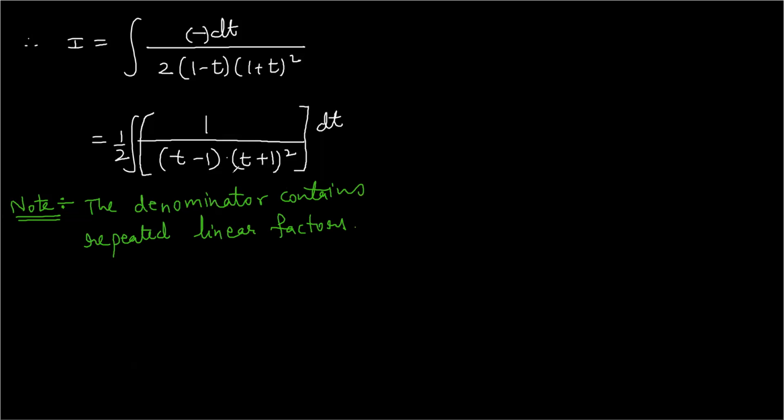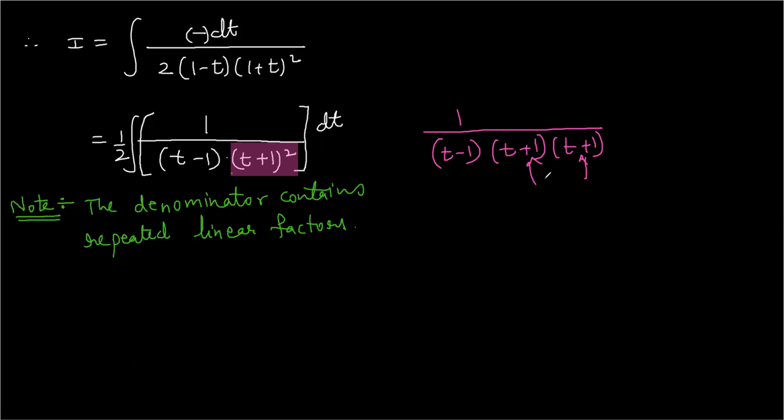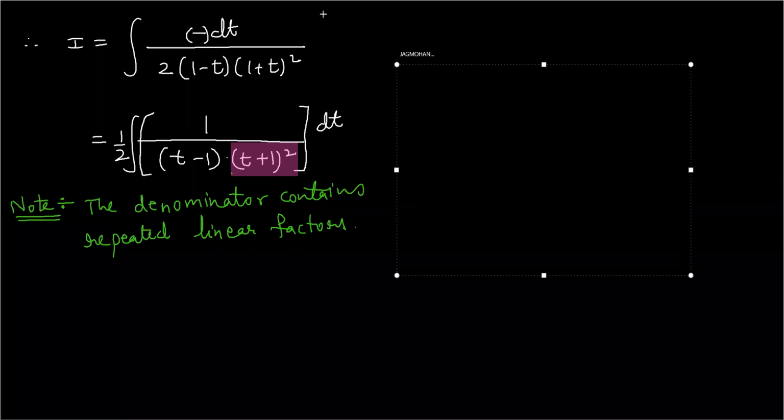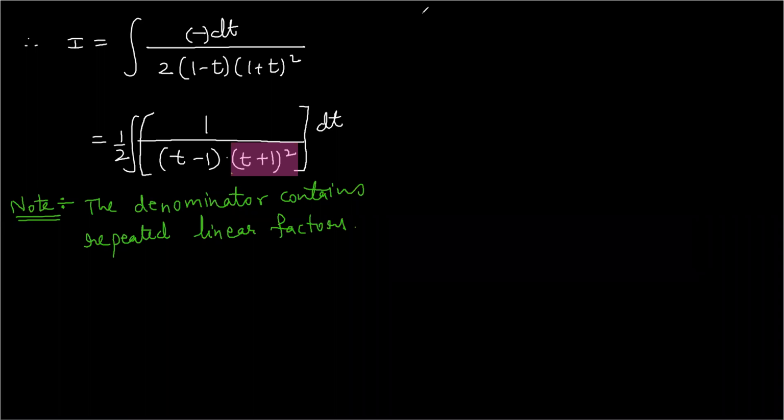I see it here: t plus 1 the whole square. When you have t plus 1 the whole square, it means the denominator is actually in the form t minus 1, t plus 1 and t plus 1. So the denominator has t plus 1, a linear factor, but it is repeated: t plus 1 is there 2 times. So we call it linear repeated factors.